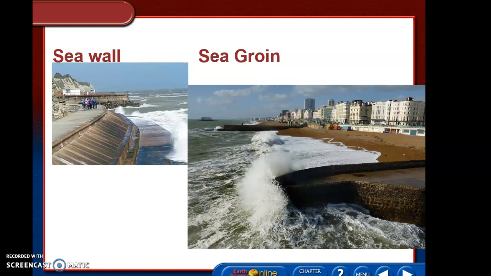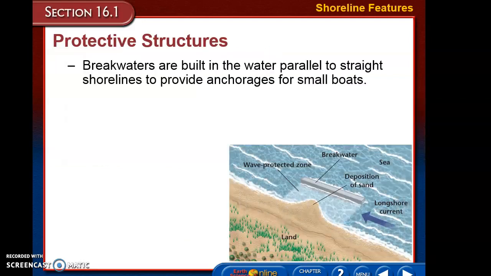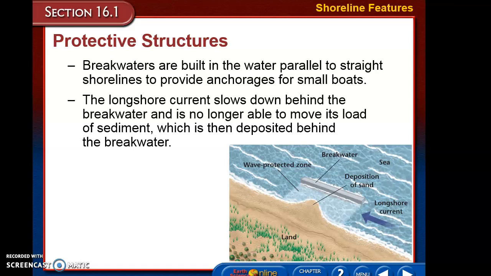So do you spend the money, do you do it, or do you let nature do what nature does? You can also use something called a breakwater, and it kind of slows down the longshore current, so it can't quite move its load of sediment.